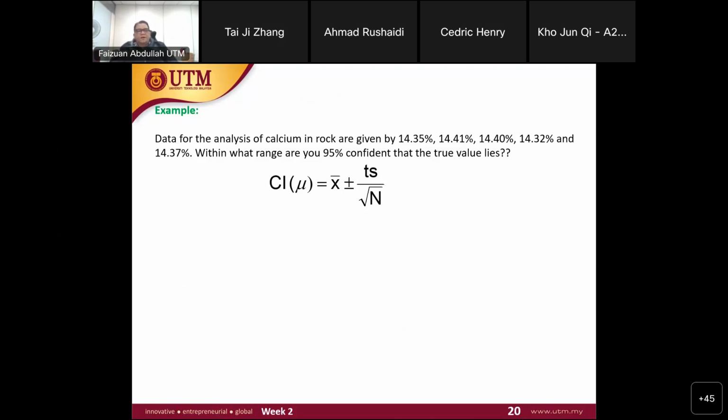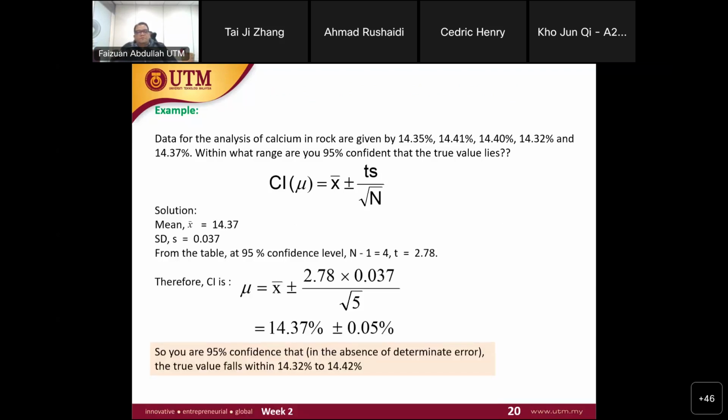Within what range are you 95% confident that the true value lies? The confidence interval equals the mean plus or minus t times s, divided by the square root of the total number of the set.